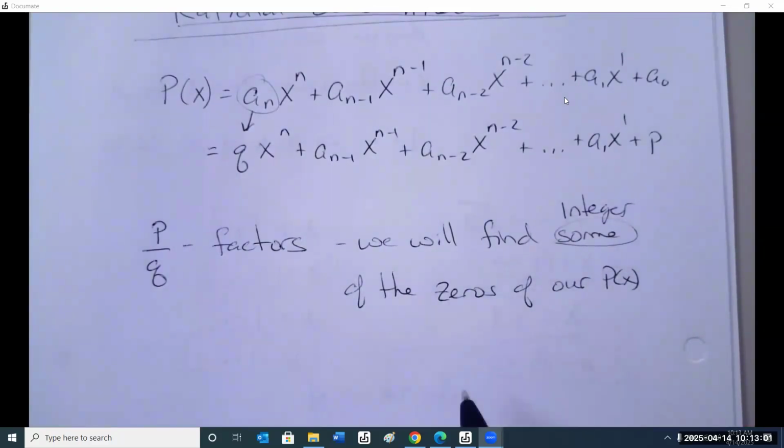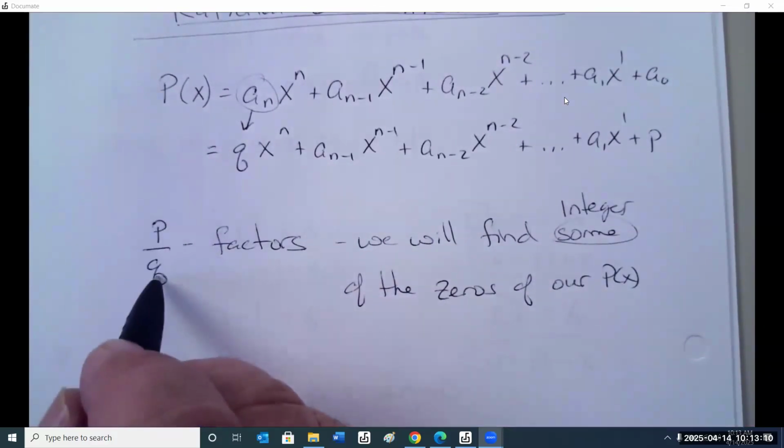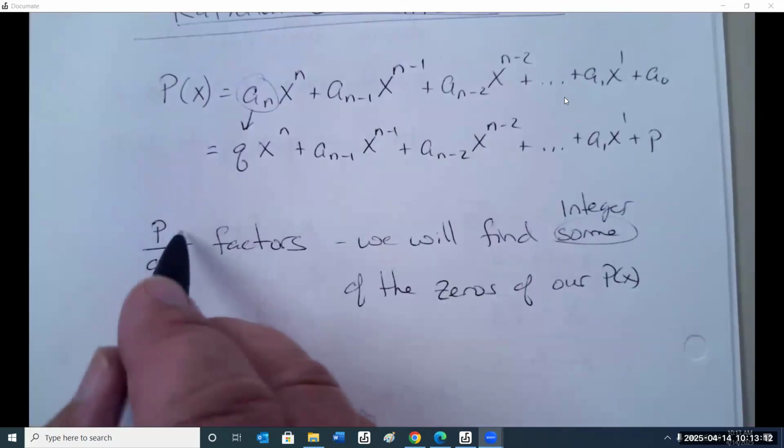So we'll find some of the zeros, only the integer or rational ones, I should say. Because p over q, they're both integers, so it becomes a rational expression.